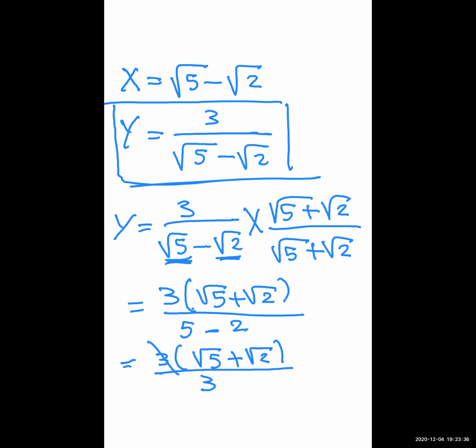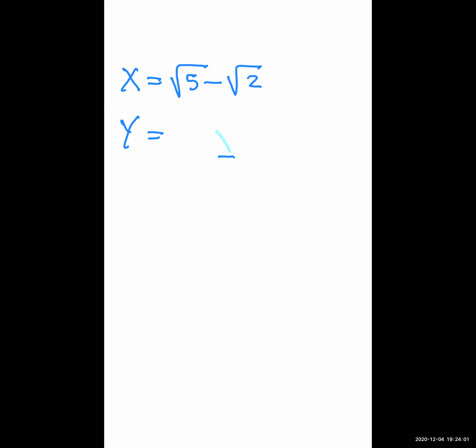Now simplify, remove this 3 with this 3, so it will equal square root of 5 plus the square root of 2. So now y is square root of 5 plus square root of 2, and x is square root of 5 minus square root of 2, so the two numbers are conjugate, right? Right. Okay, great. Then the next step, I will clear all this and only keep x and y so that I will get the second requirement in this question.